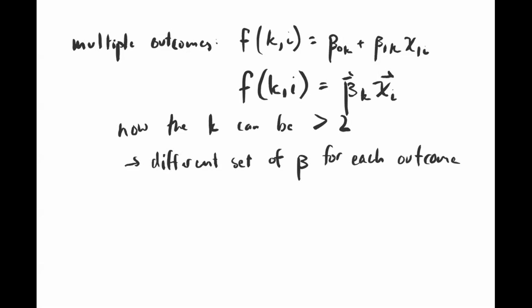What I'm writing here isn't just adding more betas to this first equation. Essentially, each outcome is going to have its own set of betas associated with it. And I think this will be a lot clearer once we do the example in R.